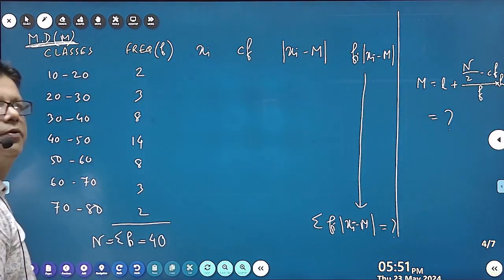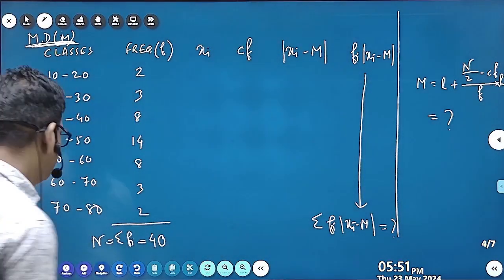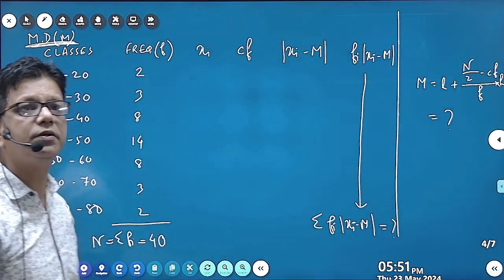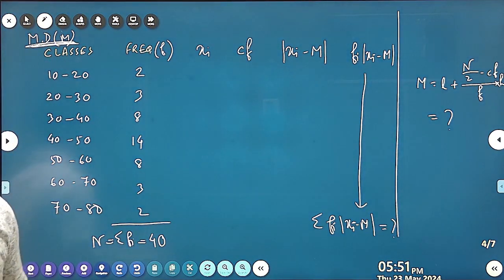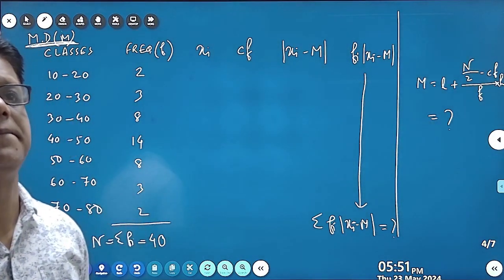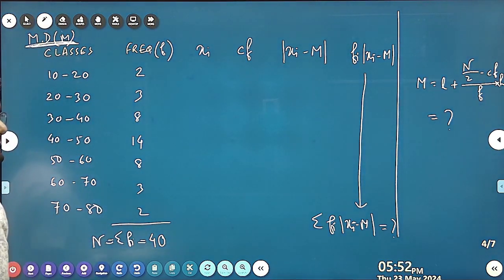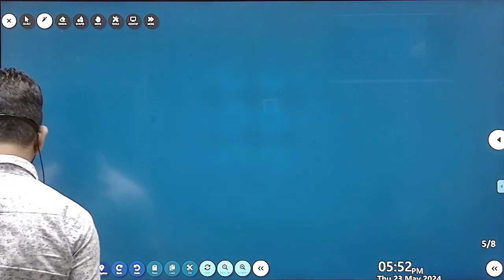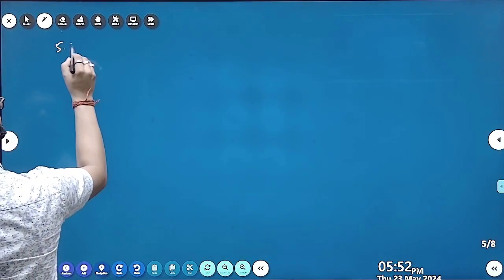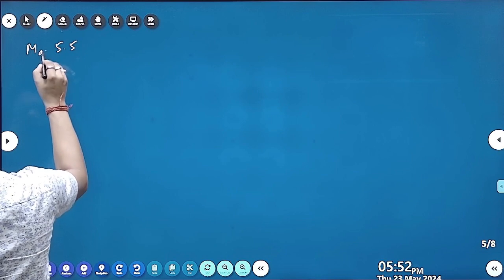Done now? Everyone? Okay. Those who are online, did you complete this? Could you understand this? Yes, sir. Okay, fine. So it's module 5.5.